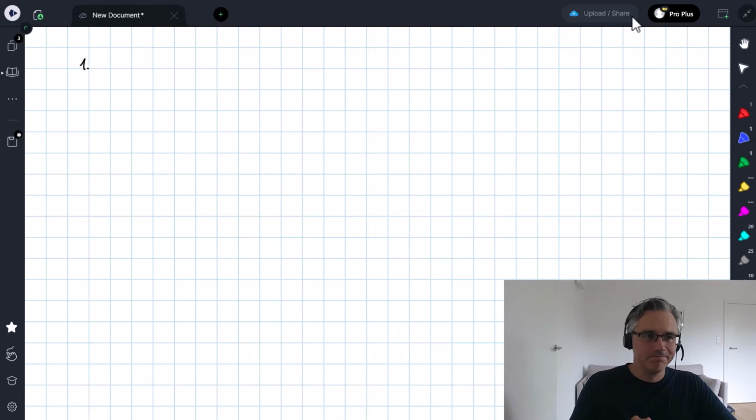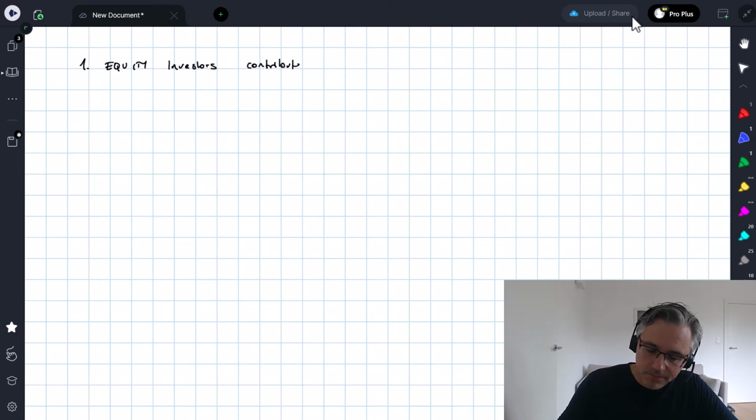Number one, we're going to have equity investors, meaning the fancy word for owners, contributing 100,000 euros in cash into the business. So that's the first transaction, very simple.